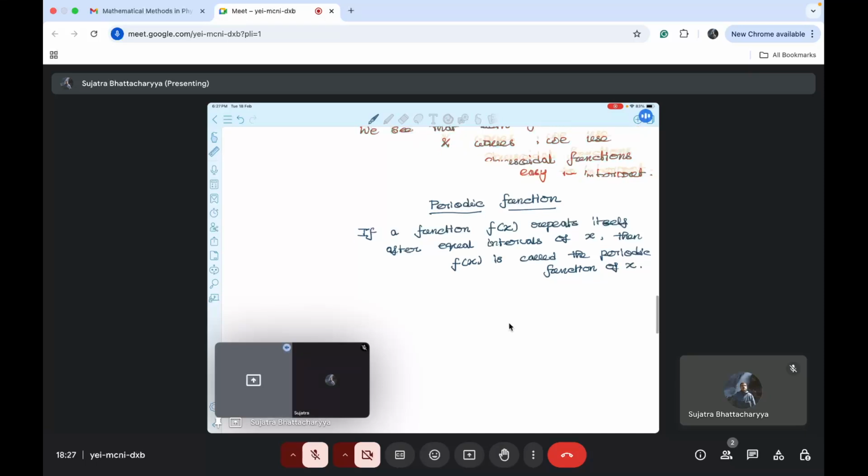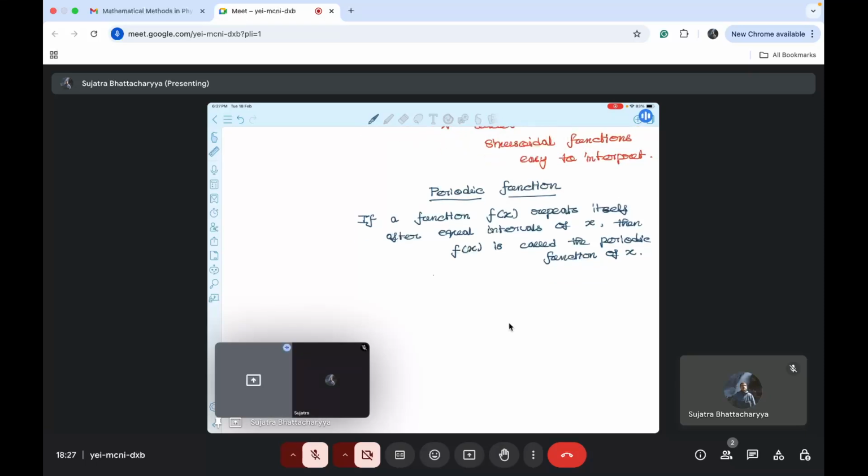The interval we are talking about is the period of the function. If this x is time, it will be the time period. If it is space, it will be a spatial period. So this is the period of f(x).